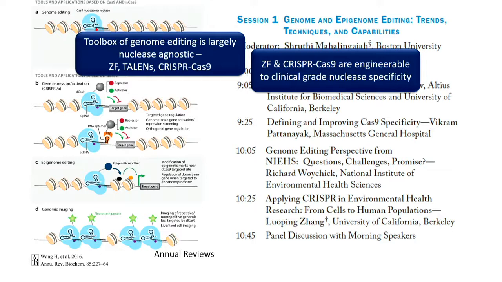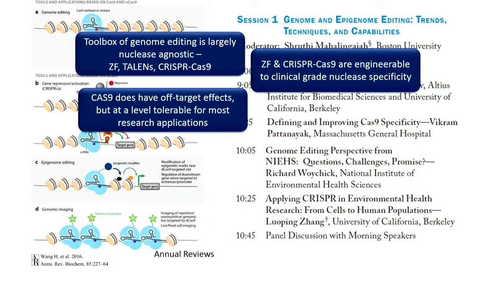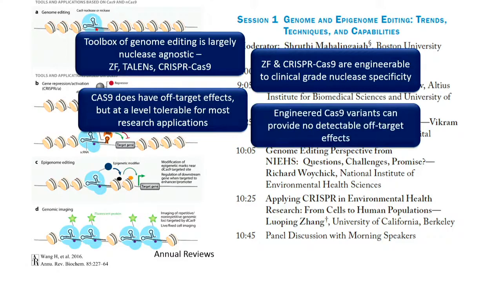We heard that zinc finger and CRISPR-Cas9 are engineerable to clinical grade nuclease specificity, and that was a quote from Vikram Patanak. We heard that Cas9 does have off-target effects, but at a level tolerable for most research applications, which is why I put the rhinoceros picture in there, because I think tolerable for most research applications all depends on your context, what you want to do, and how you interpret your data.